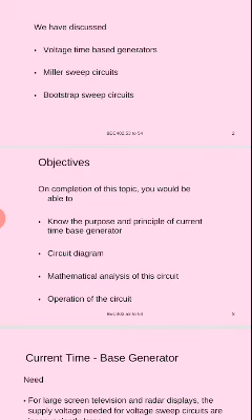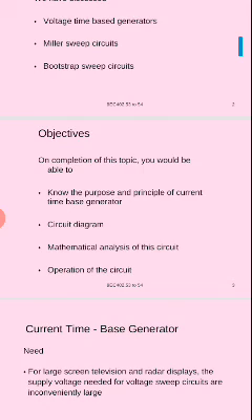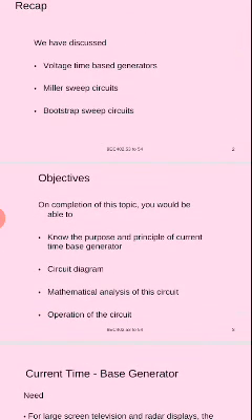Now, in this class, we are going to discuss the current sweep or current time base generator.